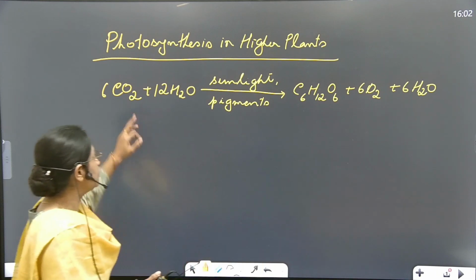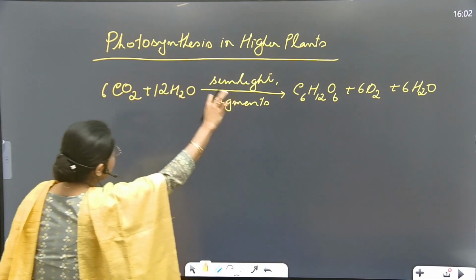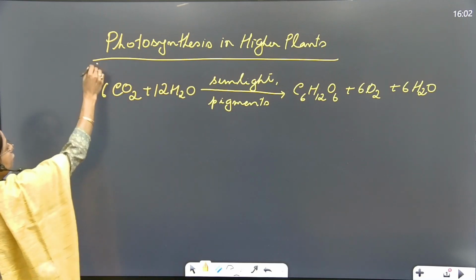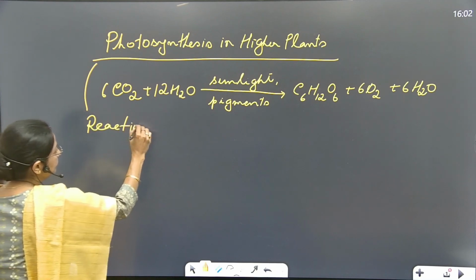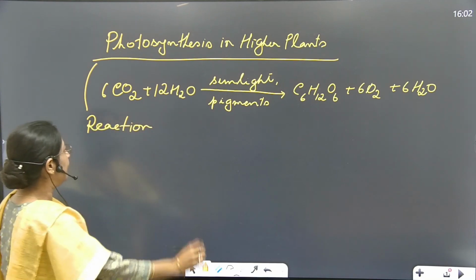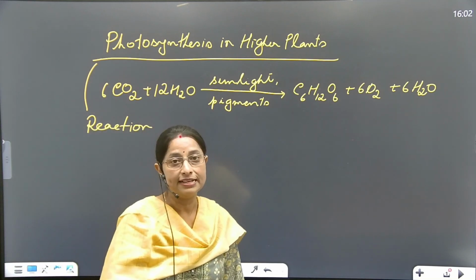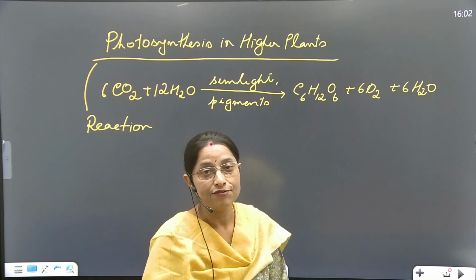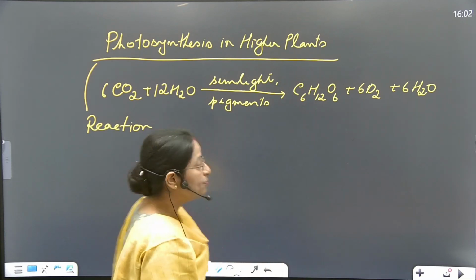So whenever we talk about photosynthesis, it can be depicted by such a reaction. Photosynthesis is nothing but a chemical reaction, a biochemical reaction. When we say reaction, another question that comes to our mind is what type of reaction it is.